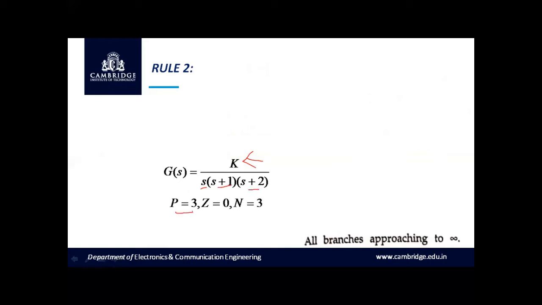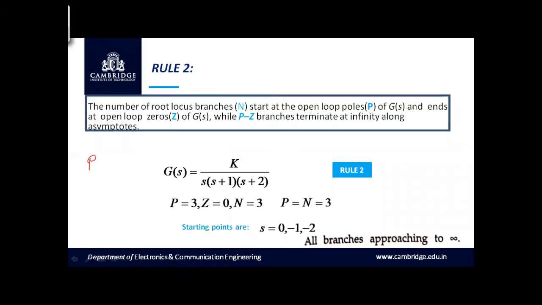I have written p is equal to 3, and we don't have any zeros in this equation, hence z is equal to 0. And in the beginning, we stated three cases, in which p is greater than z. Hence, the number of poles will be equal to p. I have written here n is equal to p is equal to 3. As the number of poles is equal to 3, the number of branches will be equal to 3.